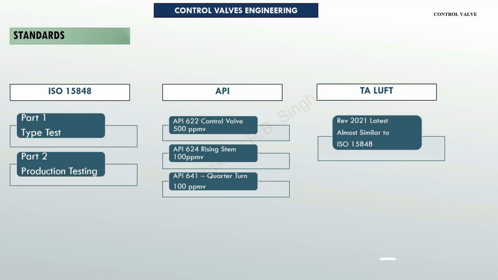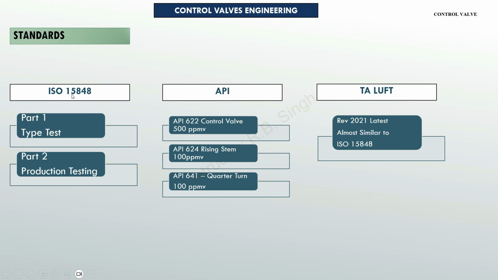Now, what are the standards for fugitive emissions? There are three standards most of the industry uses. ISO 15848 is the international standard for fugitive emissions, this one is the American Petroleum Institute standard, and this is the TA-Luft German standard. The standard most used for control valves is this one, and for rising stem and quarter turn control valves, the API standards can be used.